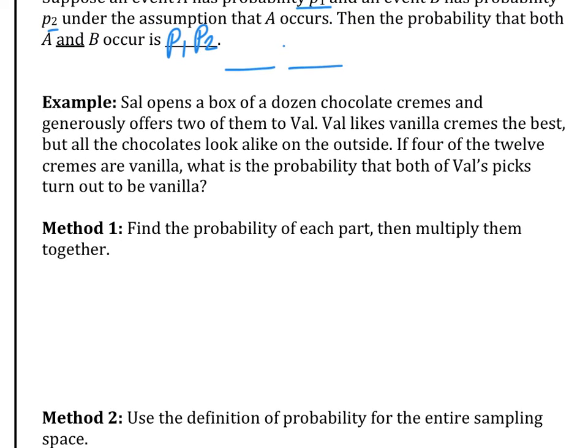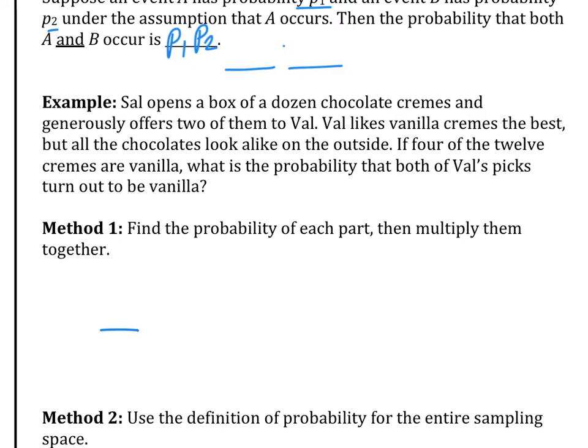All right, so the first method is pretty easy. What we're going to do is pick 2 vanillas out of the chocolates. The first method is more intuitive, but the second method is what we want to do later on.